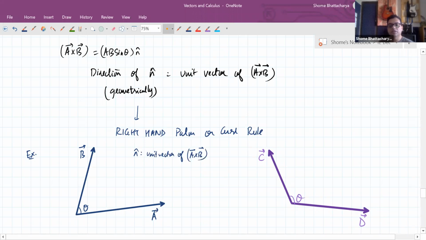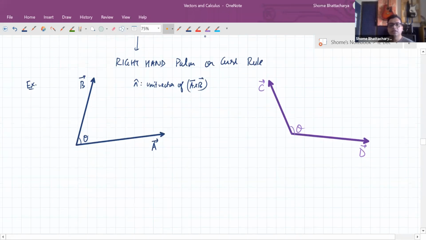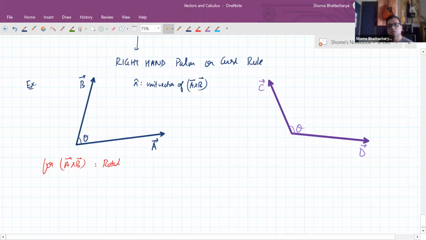So now pay close attention here. So for A cross B, what we'll do is we will rotate A towards B. So for A cross B, rotate A to B. Okay. So in this case, the rotation will be in this sense. Okay.